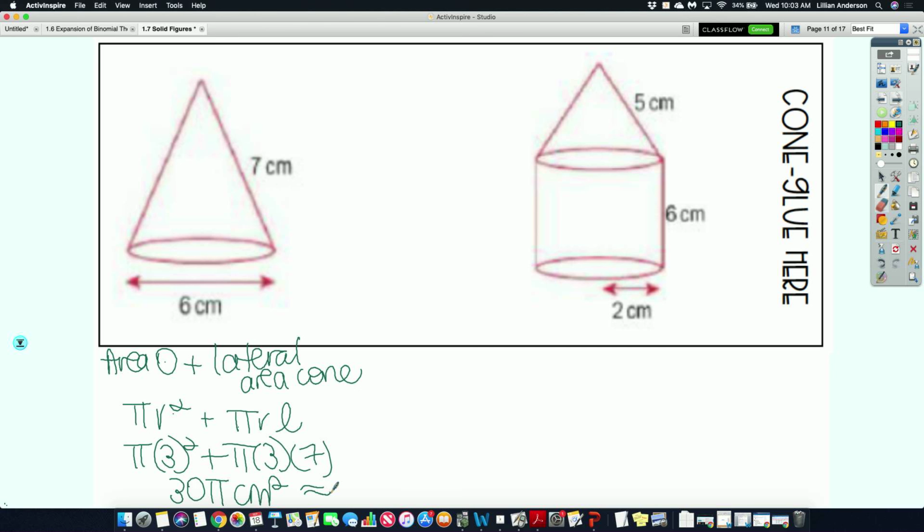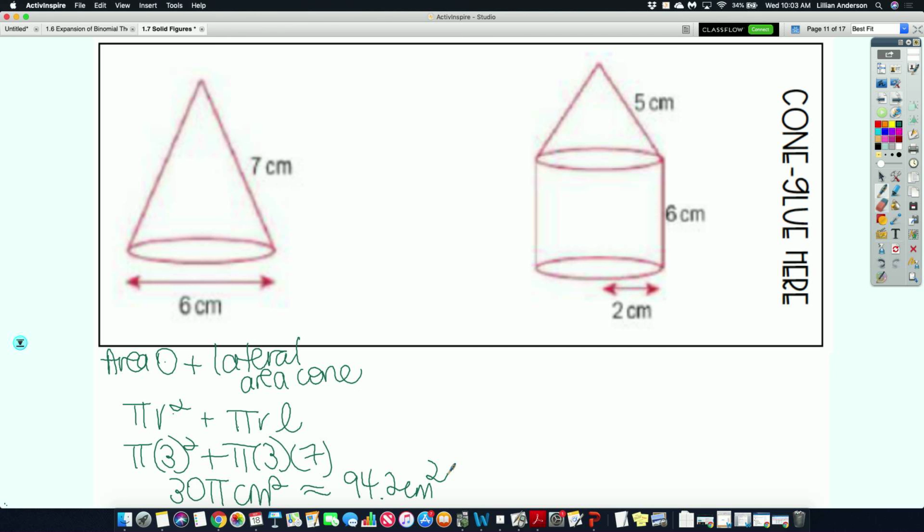Did you give our answer? 94.2 centimeters squared. You can either leave this as 30 pi centimeters squared, that is the exact. You just add the coefficients and leave the pi, or you can round it to 3 significant figures. That'll be your rounded answer.